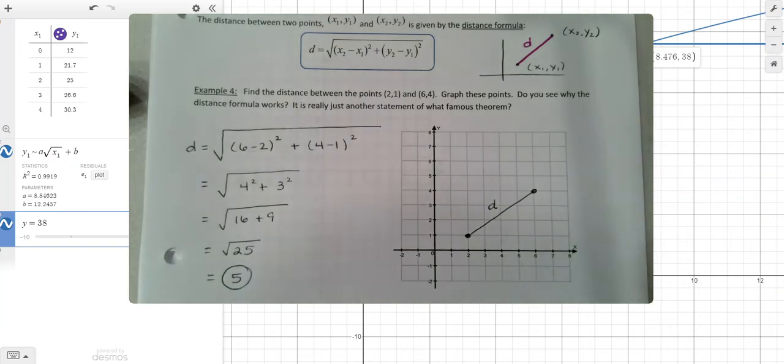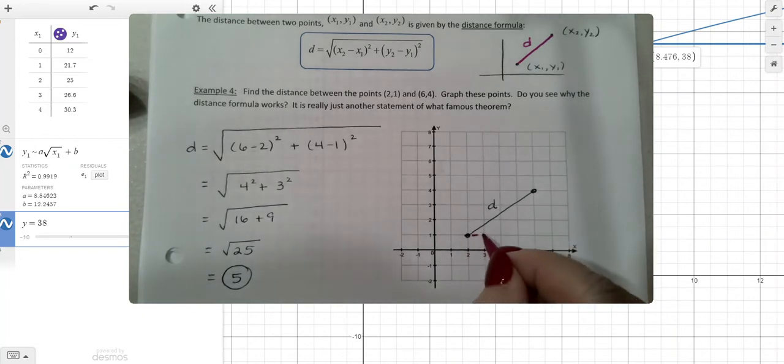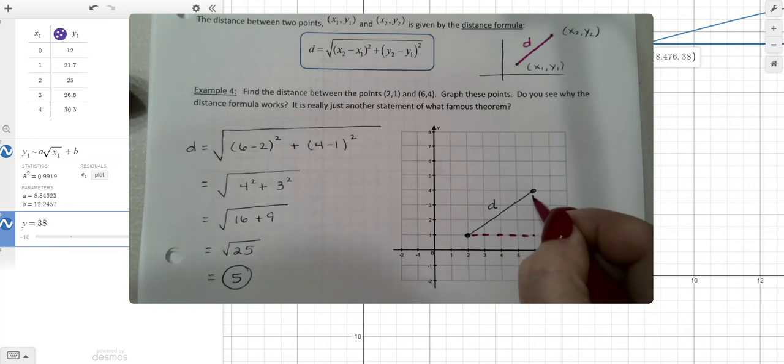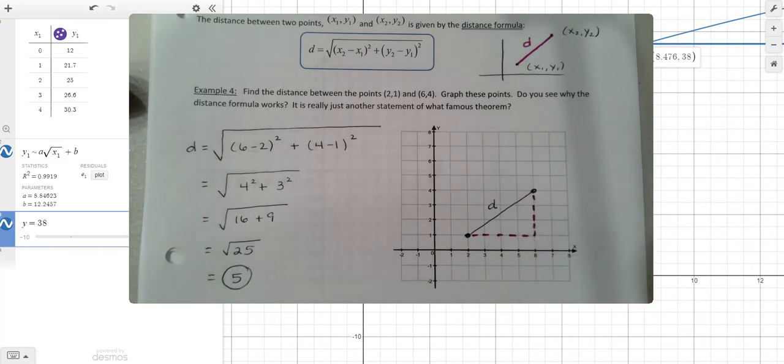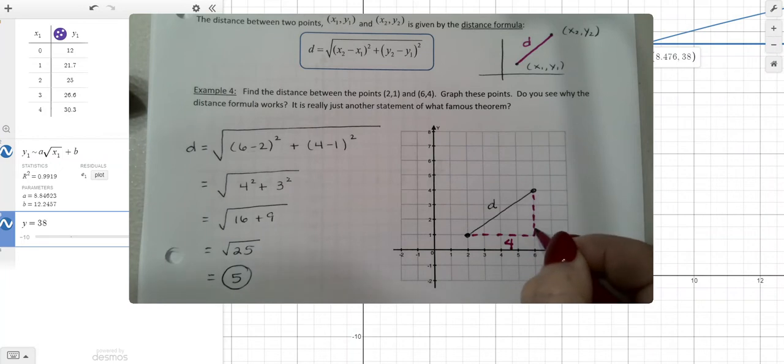A quick little aside here: the distance formula looks absolutely great and there's nothing wrong with just using it. But what I wanted to point out to you is that this formula really shouldn't surprise us. If you think about that straight line distance between the points as the hypotenuse of a right triangle, notice that the base here of the triangle is 1, 2, 3, 4, and the height is 1, 2, 3.